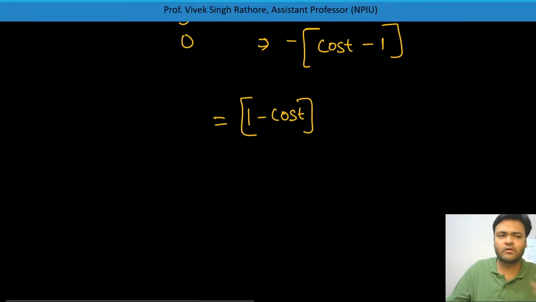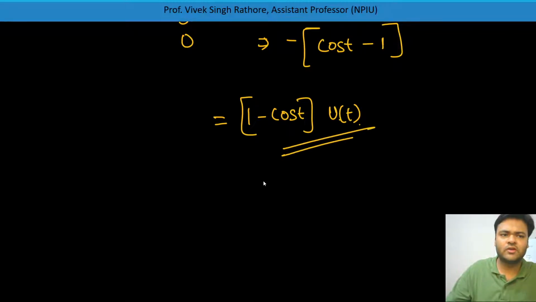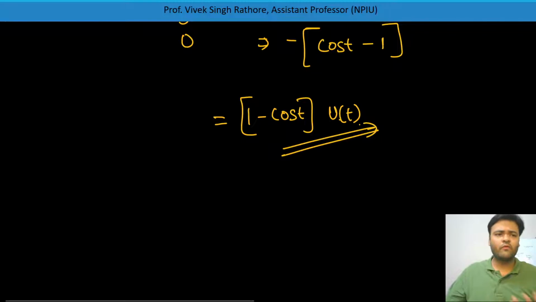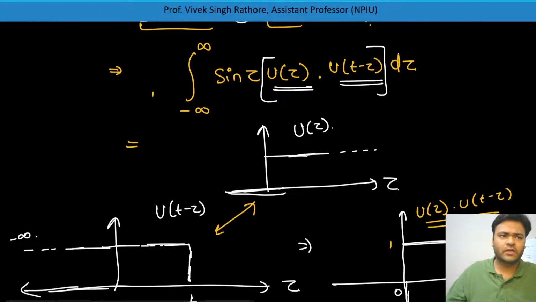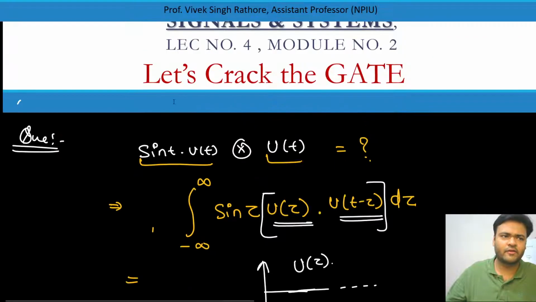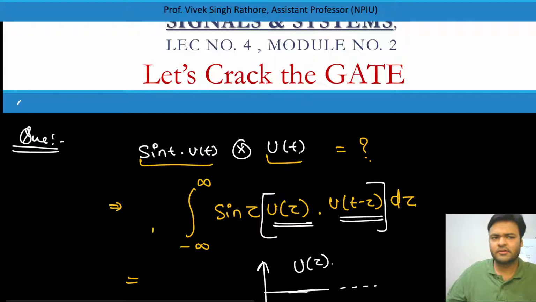From 0 to t you are taking, so you can take as u(t). Okay, so this is your output. So how are we calculating the output? You have been given a signal sin t into u(t), convolved with u(t). So what we have done is integrate from minus infinity to infinity, first tau, and then t minus tau.